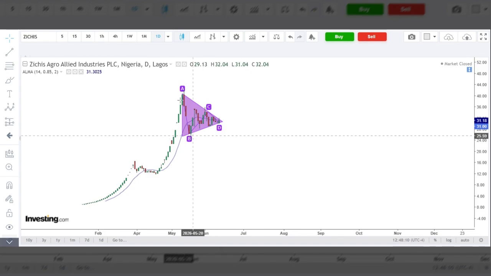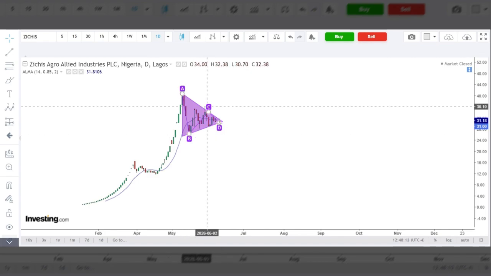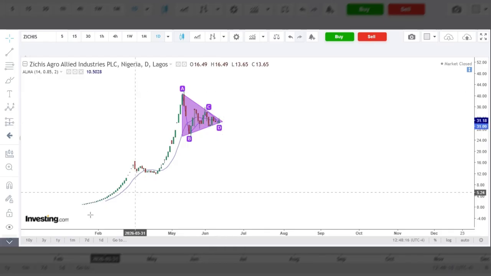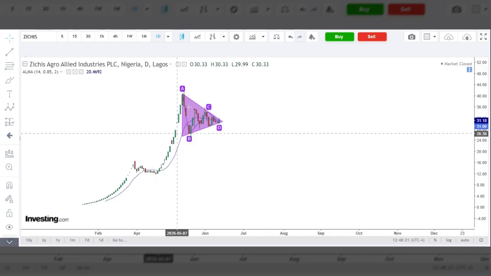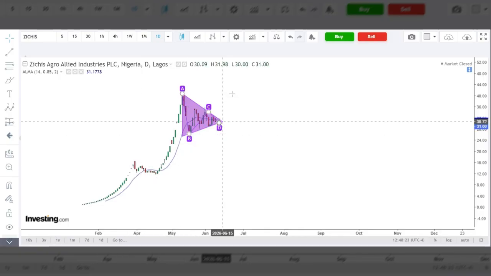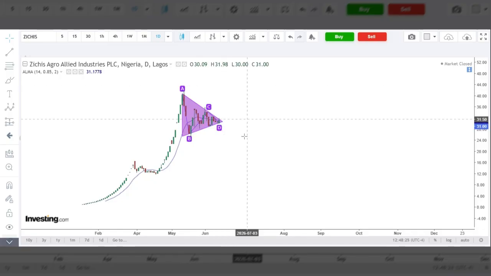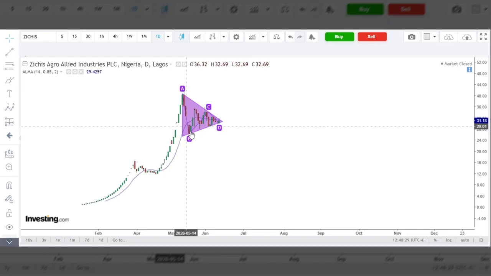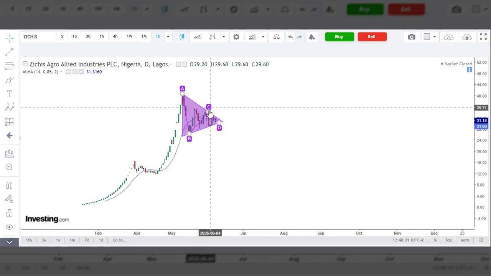As you can see, the market is going up, coming down, going up, coming down. Potentially this will go up because of the Elliott wave. I've used the Elliott wave to understand that this market, after this strong correction here, will go up. So it's 50%. Then this is here, and this is here.